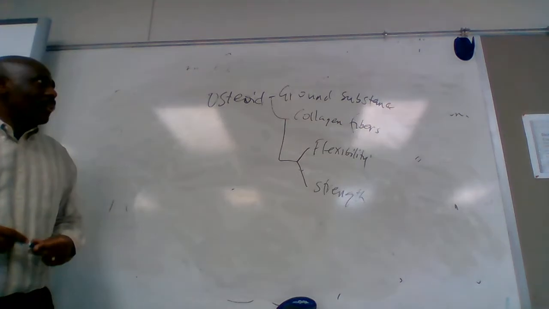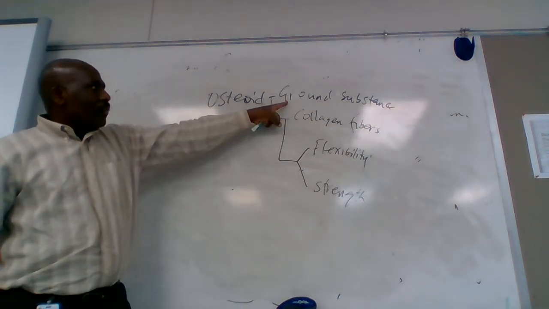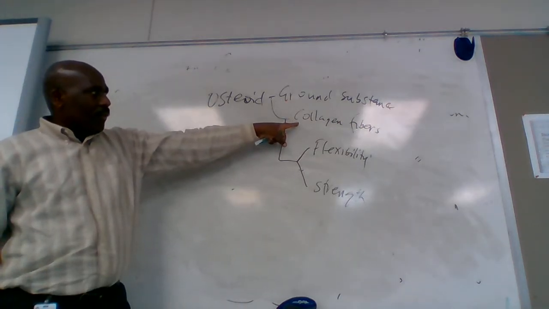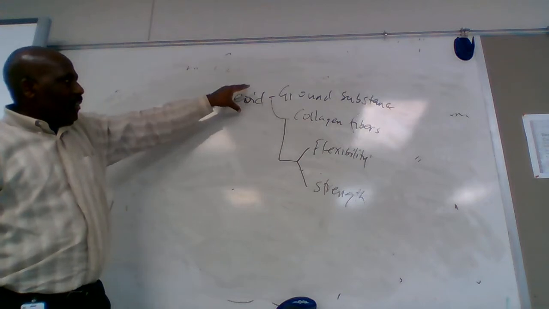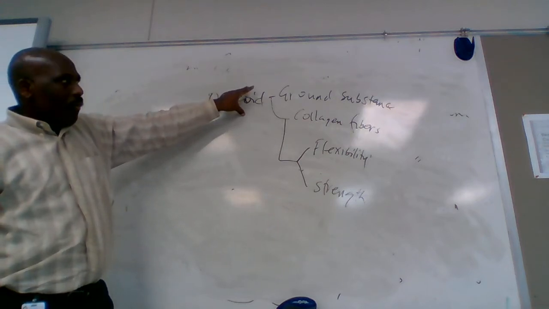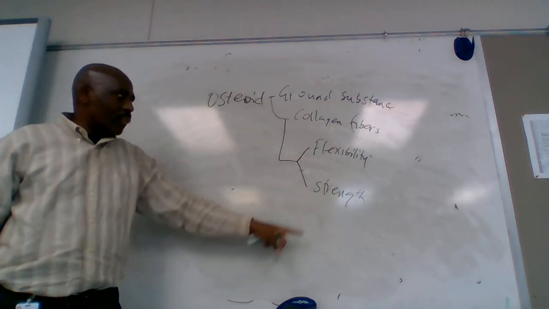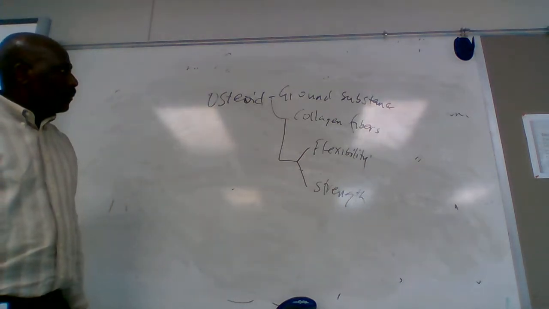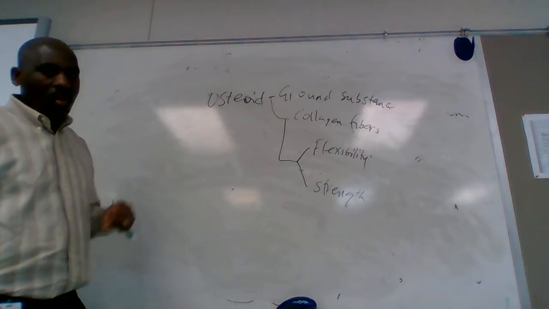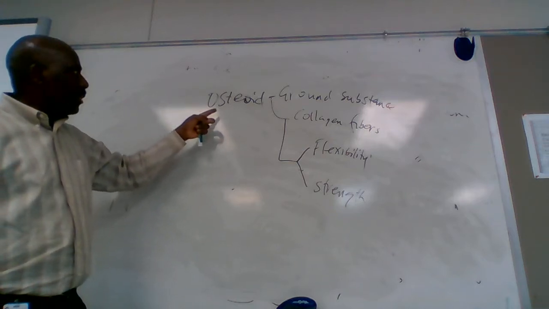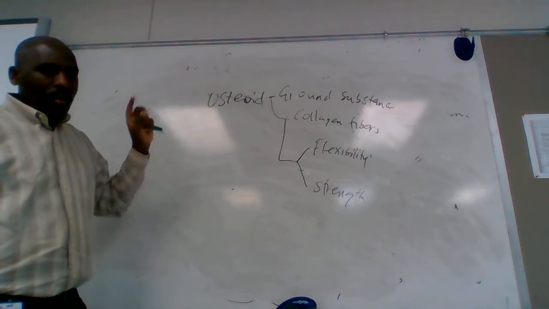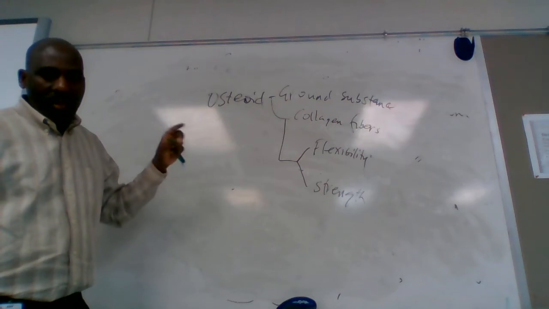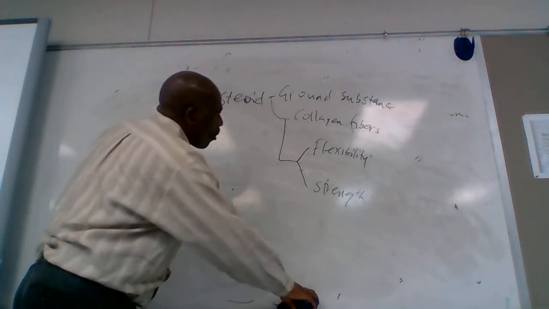So the osteoid is the ground substance that contains the fibers. Of what importance is this to the bones? It provides bones with flexibility and strength. So we are done with the organic components, the cells and the osteoid. Now we are going to move to the inorganic components.